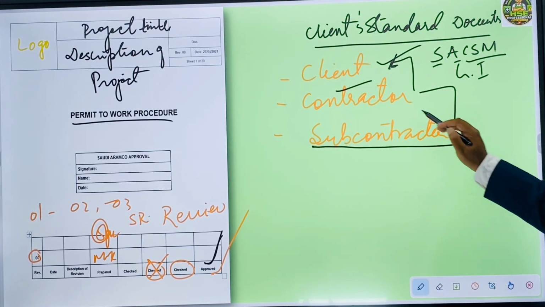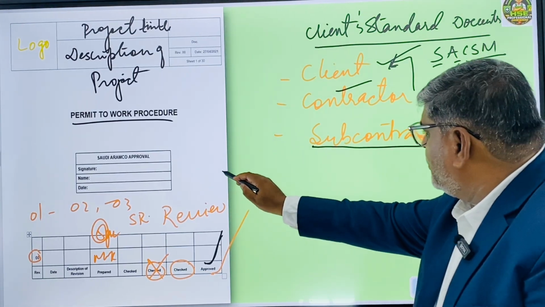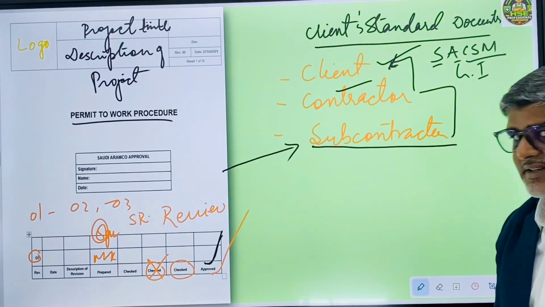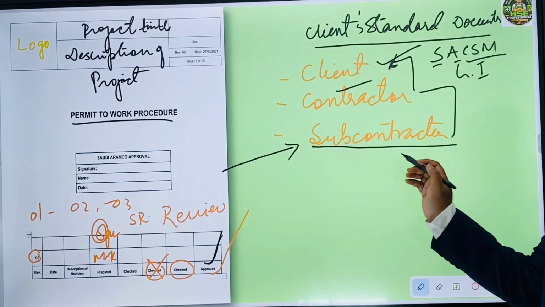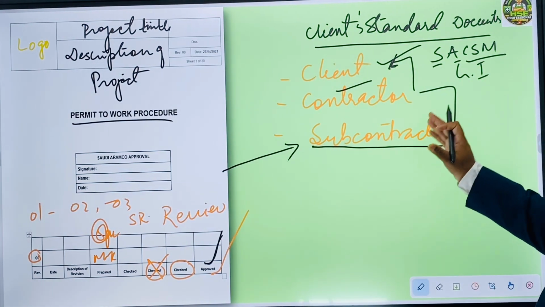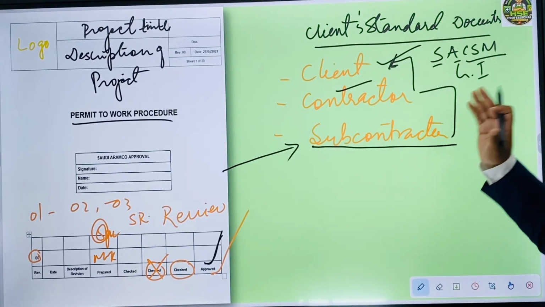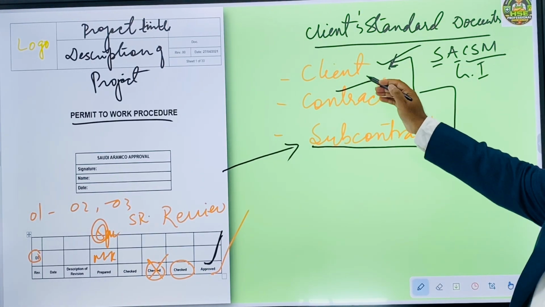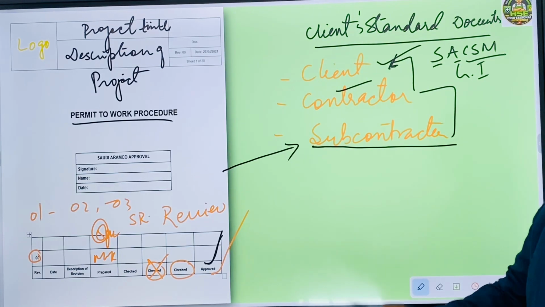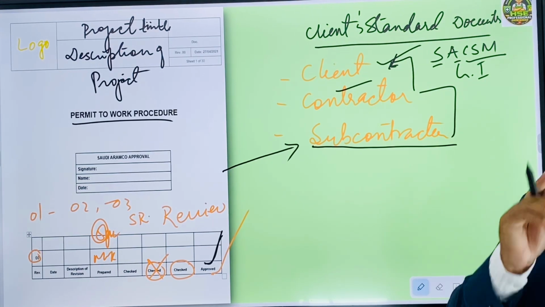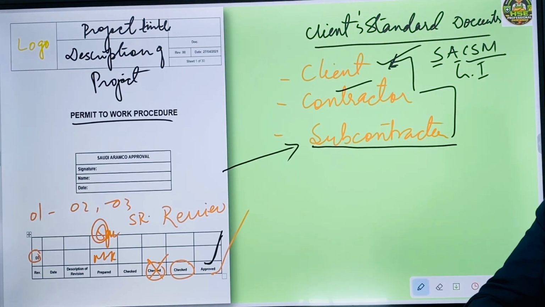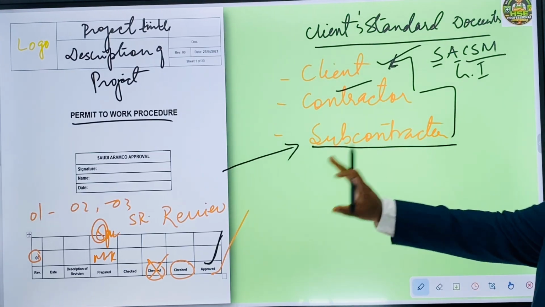When the procedure is approved, it will be distributed. To whom will this document be distributed? To the subcontractor, because the contractor is always accountable to follow and comply with the rules, regulations and safety compliances of the client, because the contractor is the main party who owns the project and makes this document.